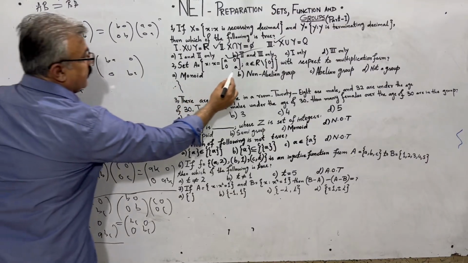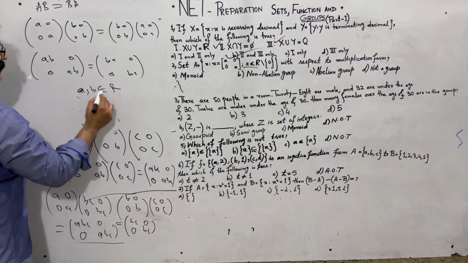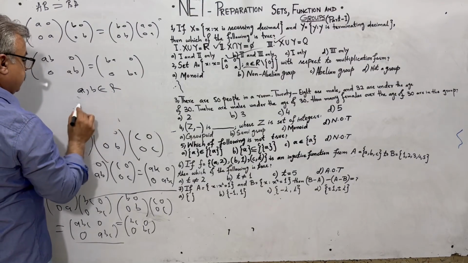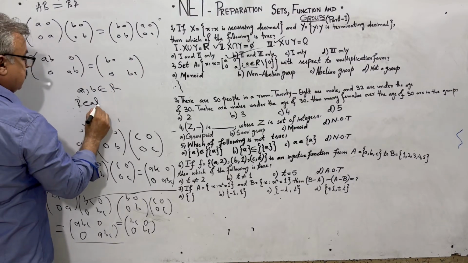As A and B belong to real numbers, and real numbers are commutative, the condition holds.